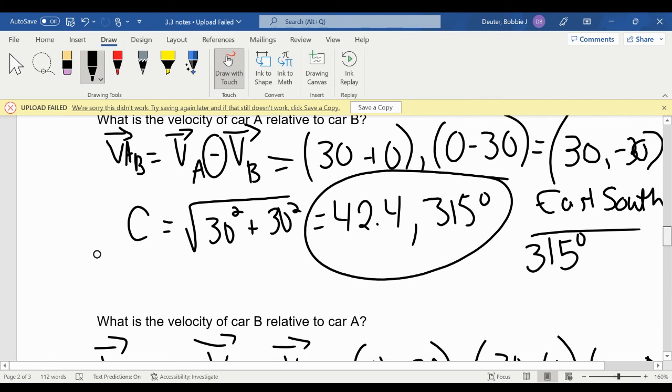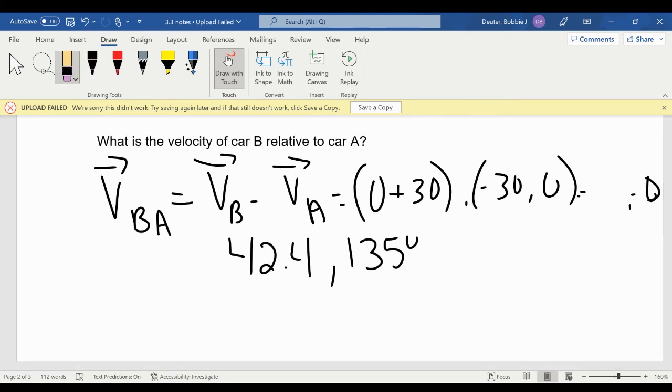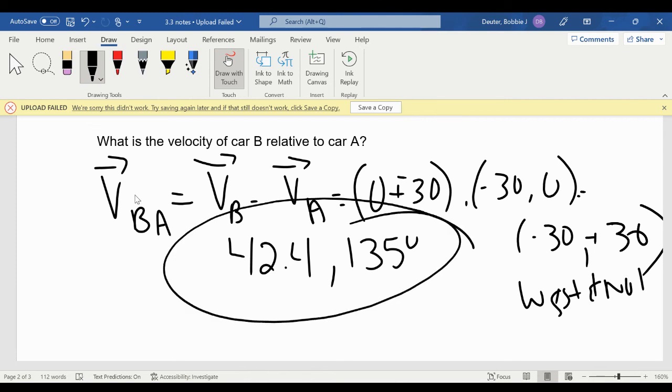And I wrote this backwards. I apologize for this. Because we have our x coordinate being a negative 30 because this is actually going negative, and a positive 30 here. So we are now going west and north. So we're at 315 for this.